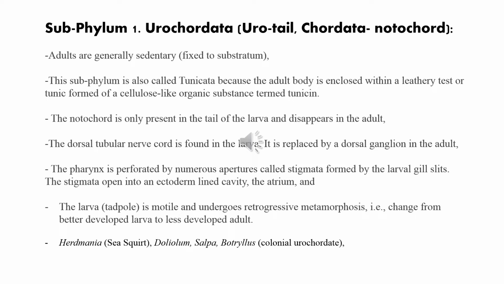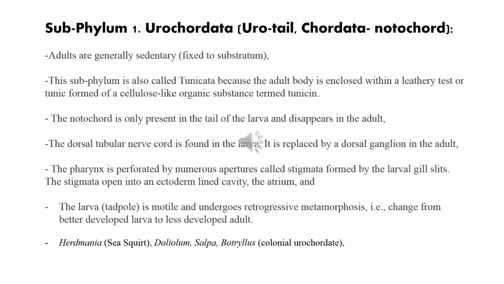Sedentary means they are fixed to substratum, whereas the larval form is motile. That means larval form is more advanced as compared to adults, and that's why we say that in case of Urochordates there is retrogressive metamorphosis. That is, the change occurs from a less developed adult to a better developed larval form.